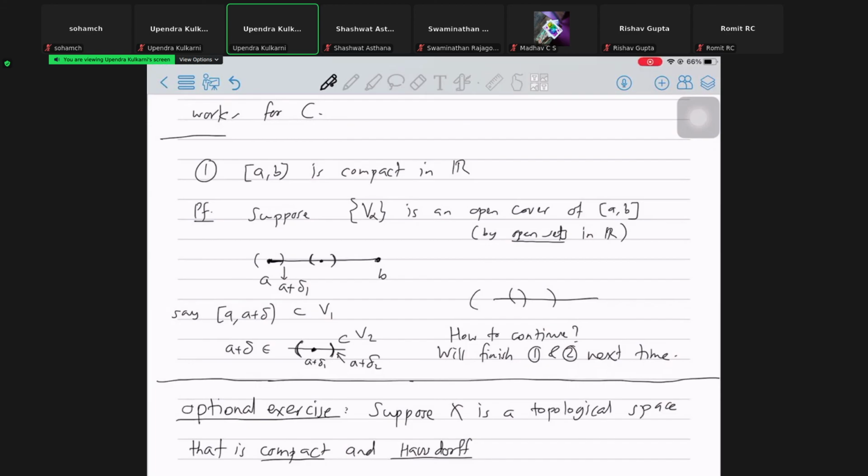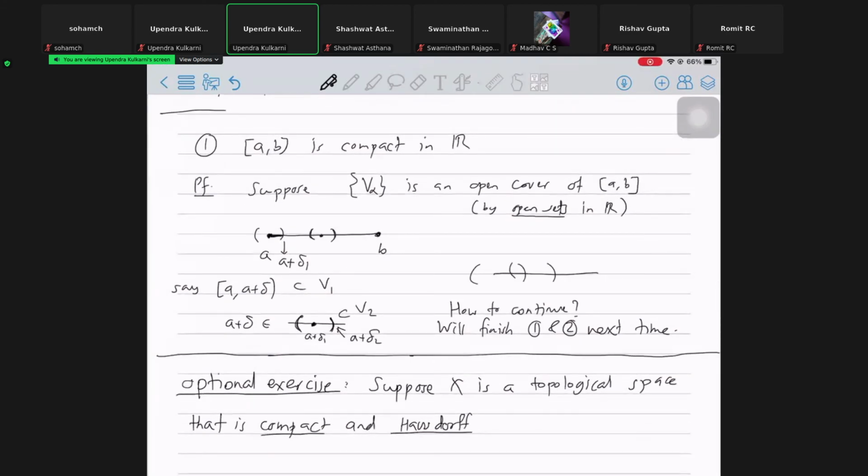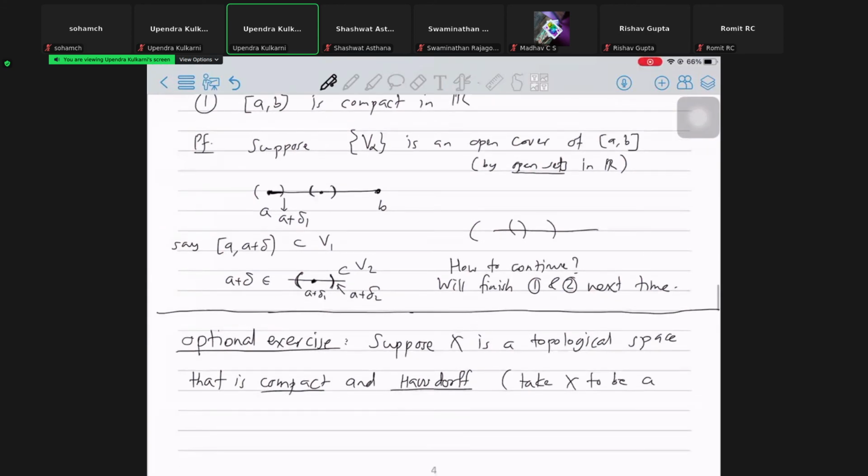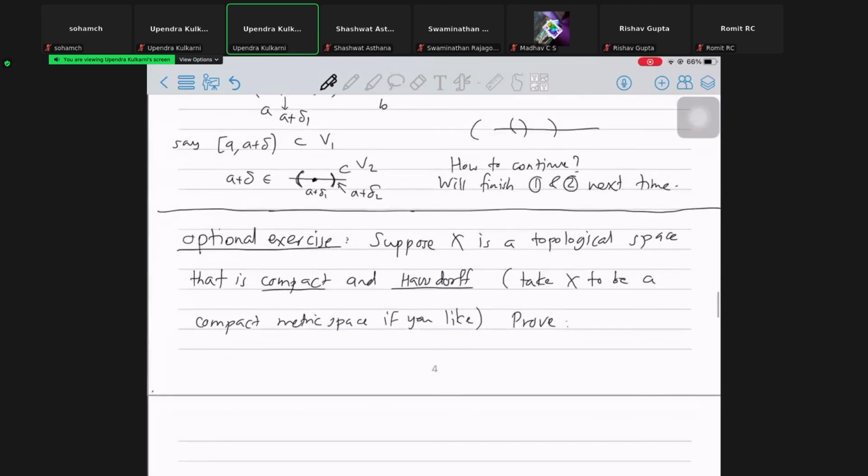Take a metric space if you want, because those properties hold. Then show the following.